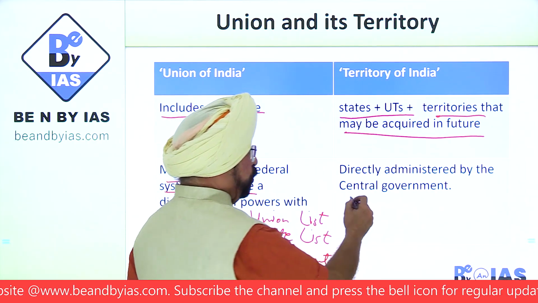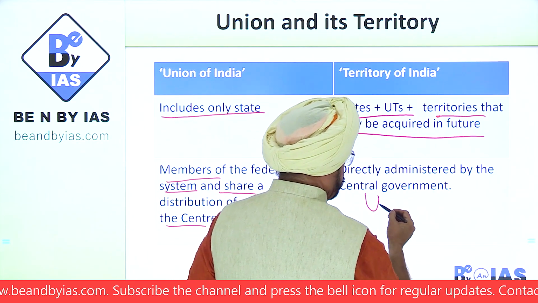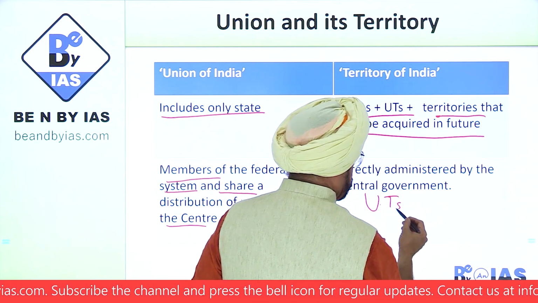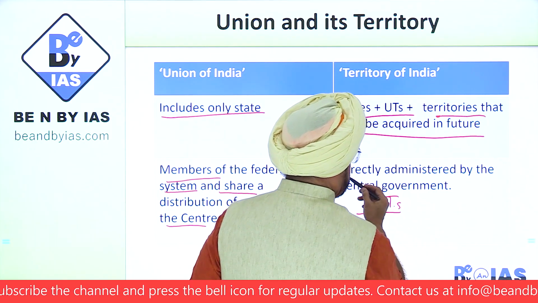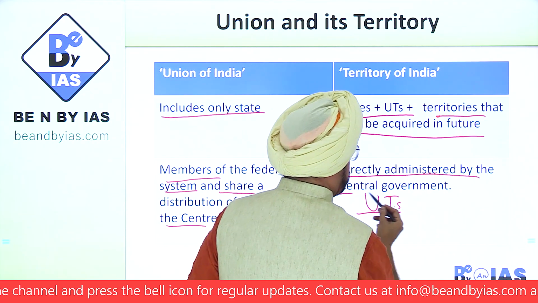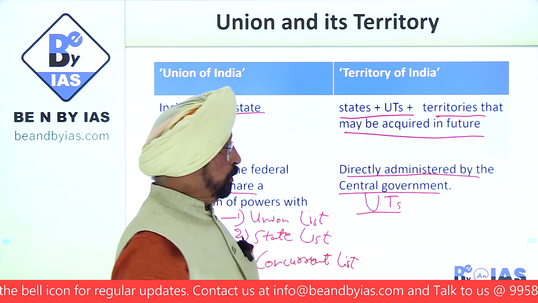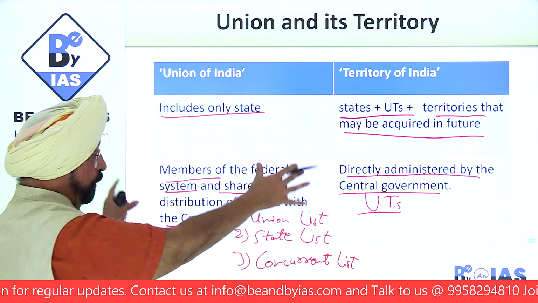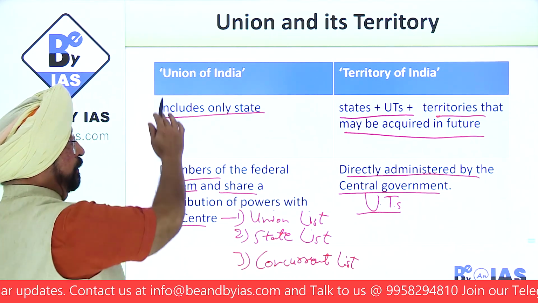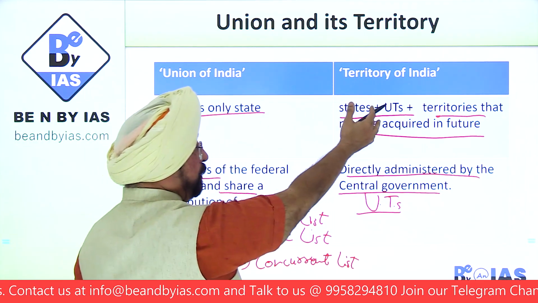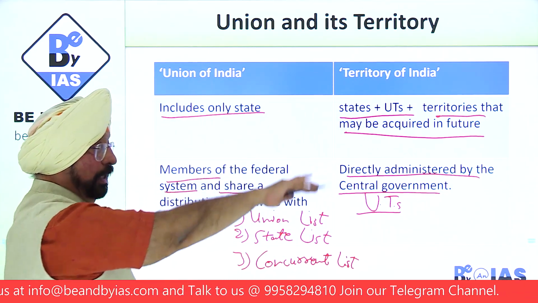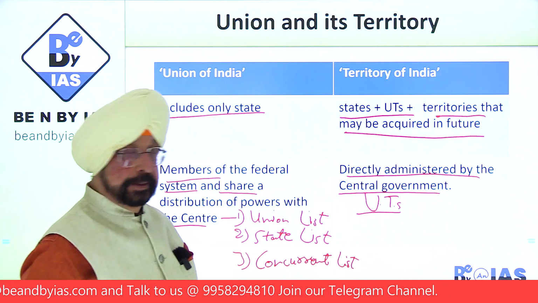Now, as far as UTs are concerned, they are directly administered by the central government. Okay? So this is the overall framework, where for Union of India and Territory of India, we have given a matrix.